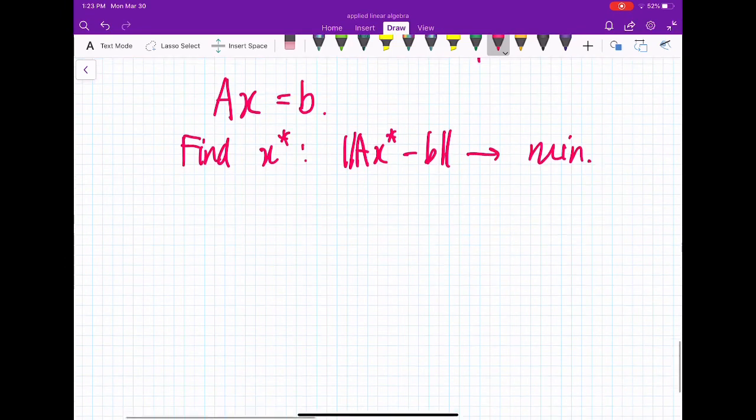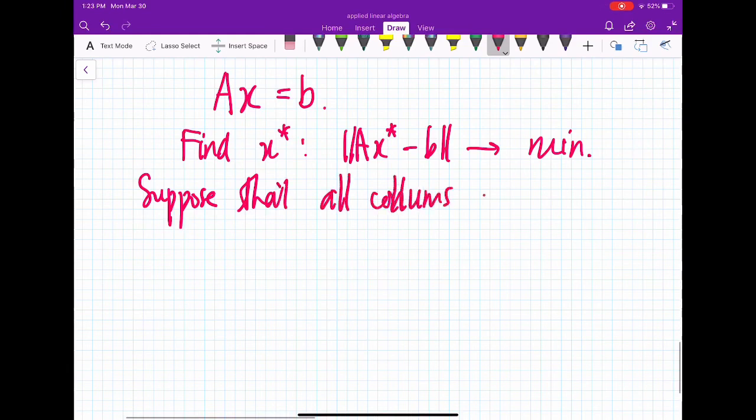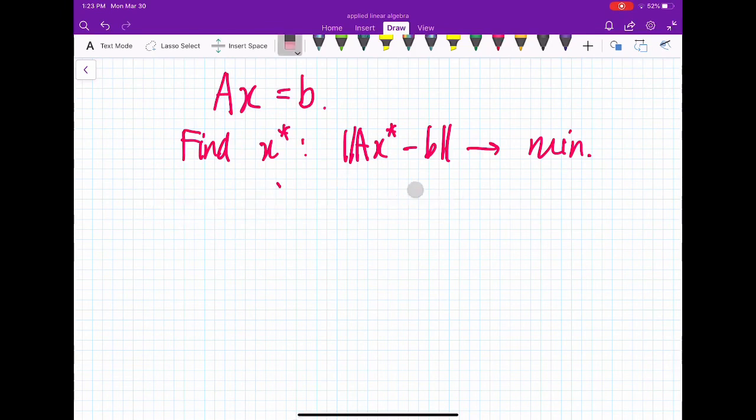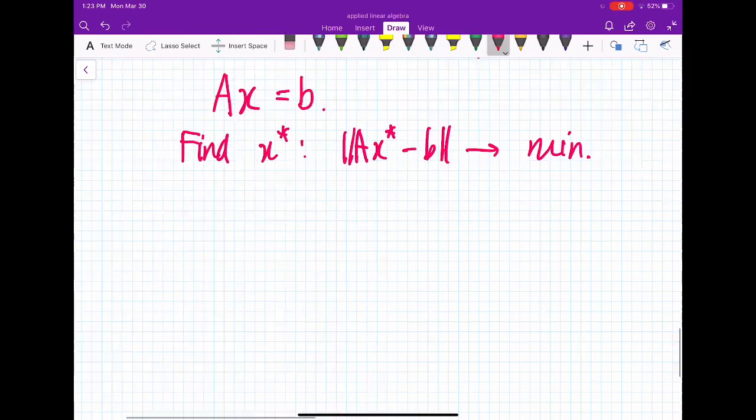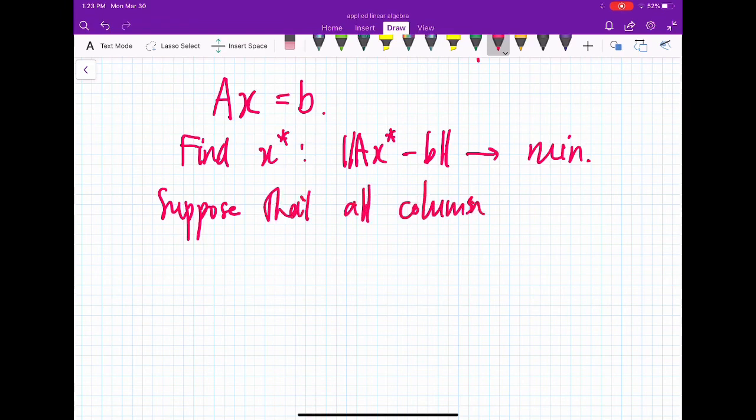And we suppose that all columns of A are linearly independent.